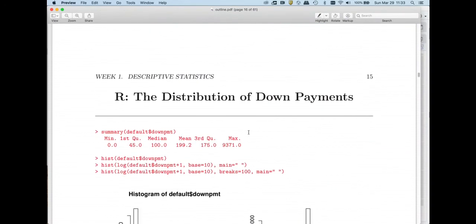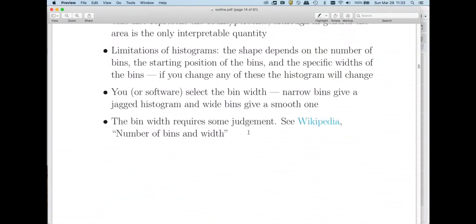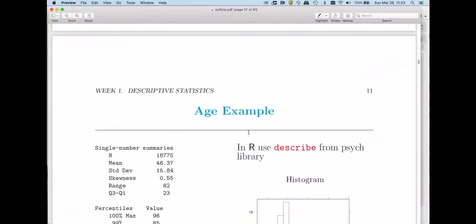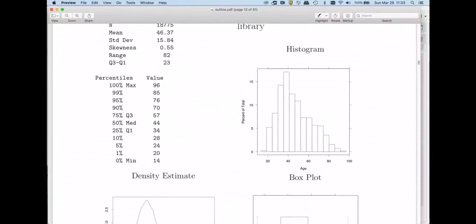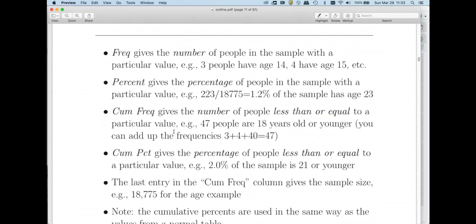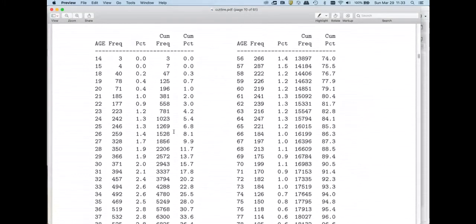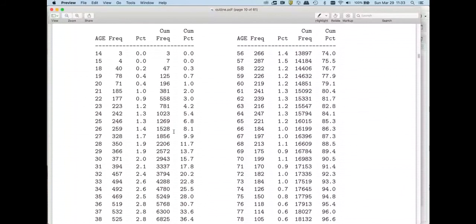So just to illustrate this, let's go back to my age example, and you're going to see that I reported the first quartile using something like describe to be 34. So let's go back to the actual frequency distribution, and we're going to follow my rule.